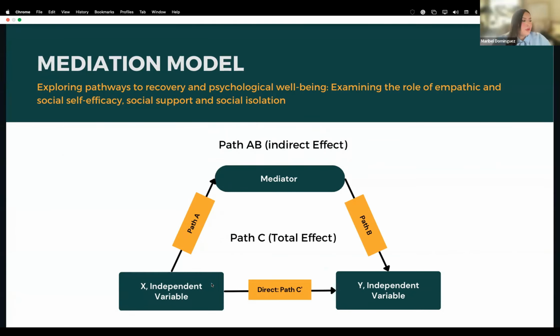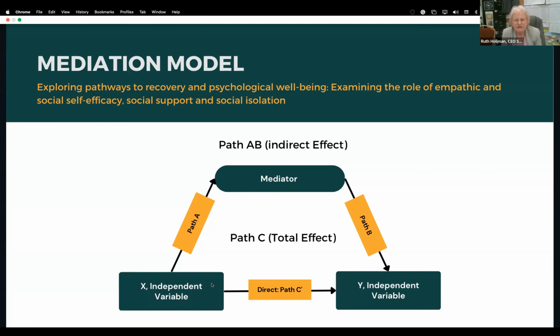So path A would be assessing how empathic self-efficacy impacts social isolation, and then how it impacts social support. So it's important to assess all the relationships, because even in the total effects of the analysis, we add up the direct versus indirect to get the total. It's almost like accounting, I see it that way.